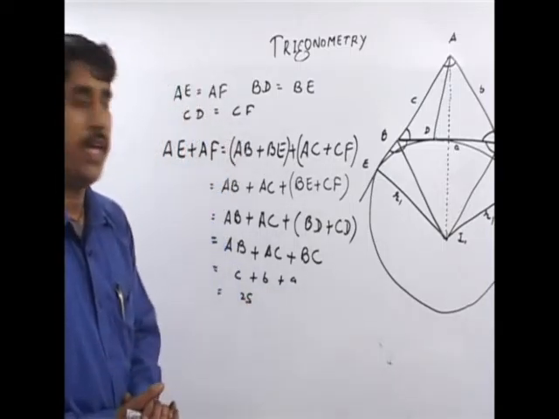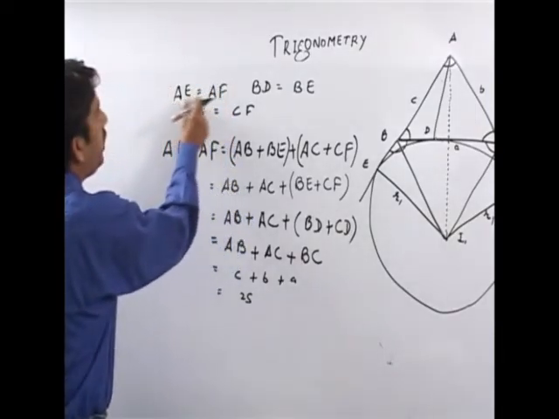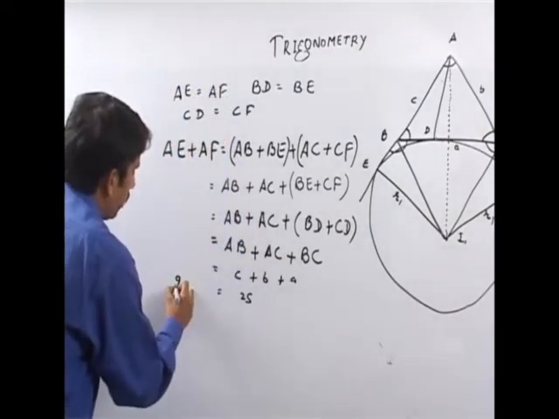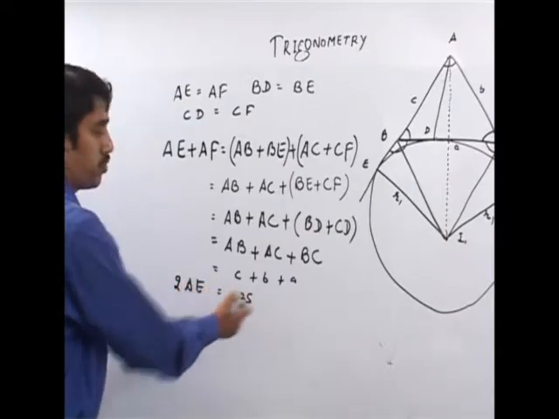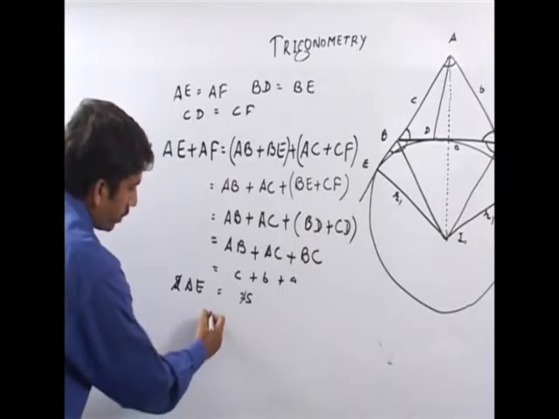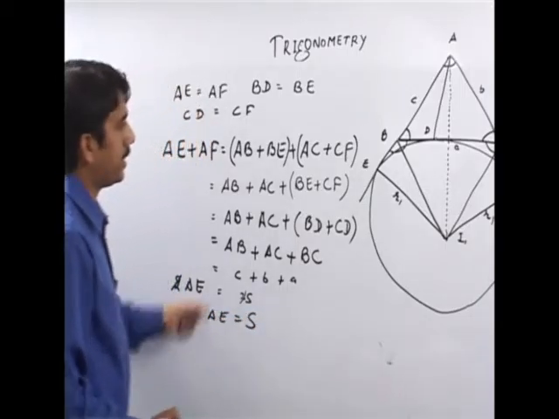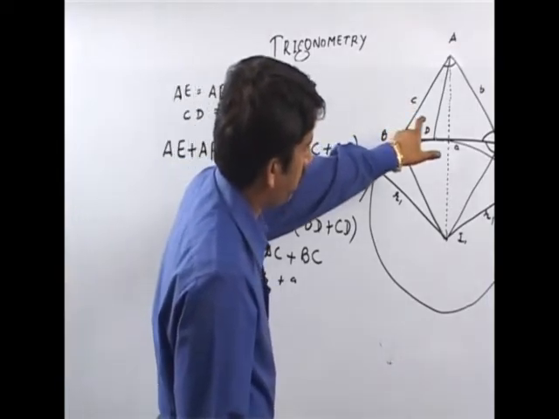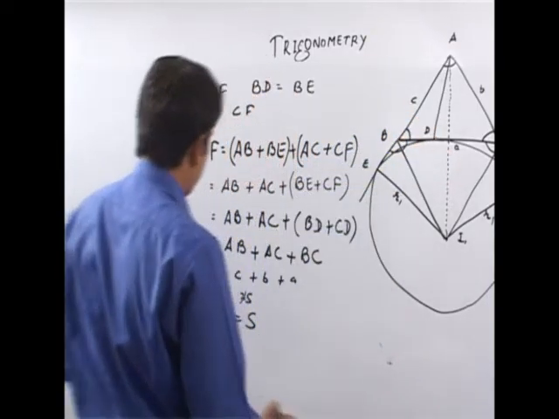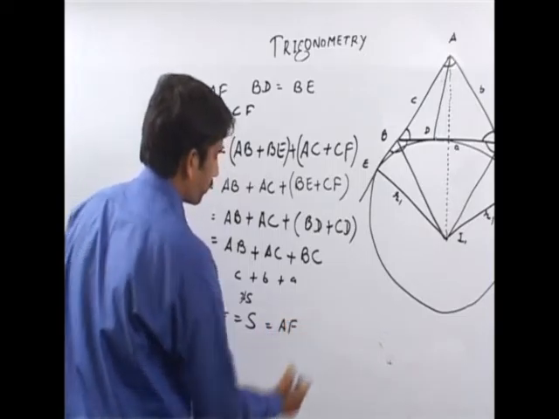Now AE plus AF, see, AE is also equal to AF, so we can write twice AE equal to twice S. That means 2 will cancel out and you will be left with AE equal to S. That means each of AF and AE is equal to S.